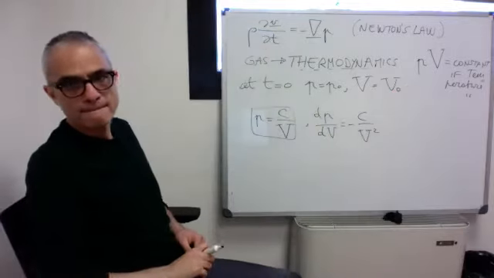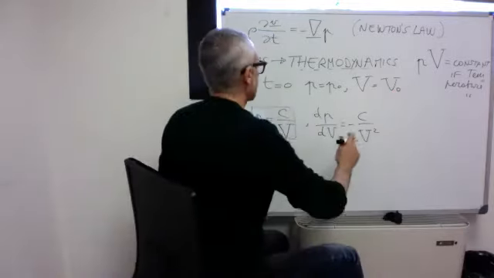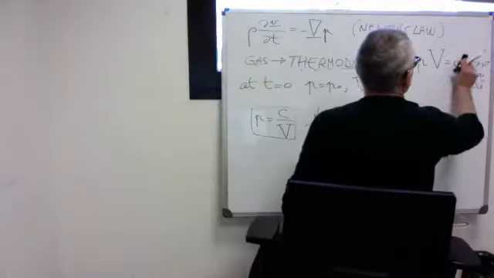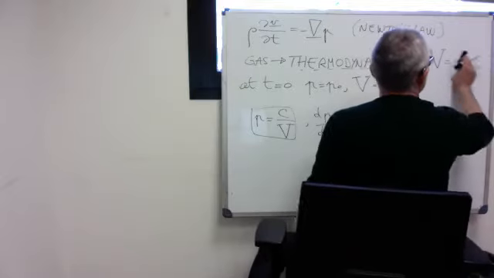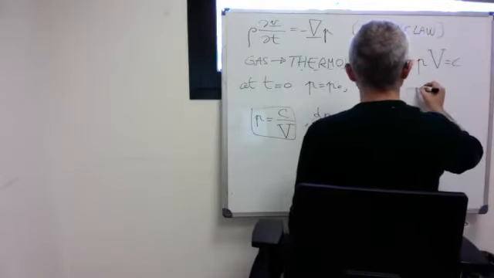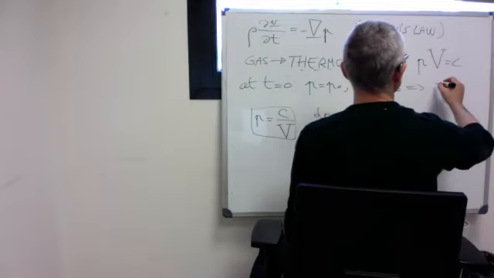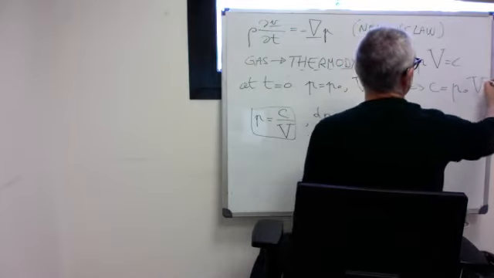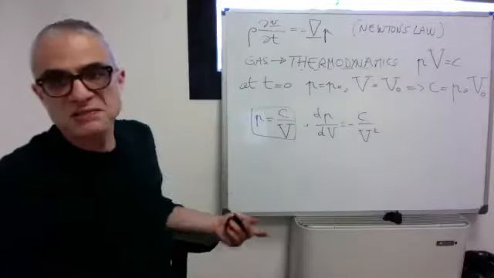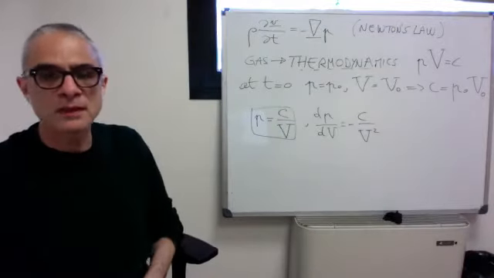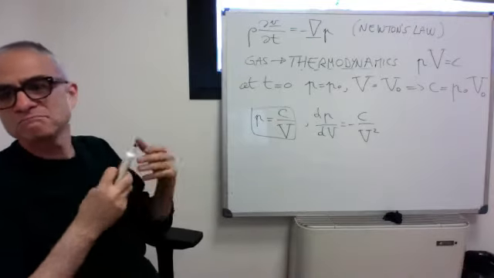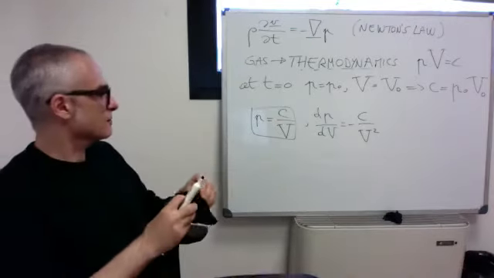That means that if PV equals C, then at time 0, C is P0 times V0. But C is constant, so C will stay the same forever.